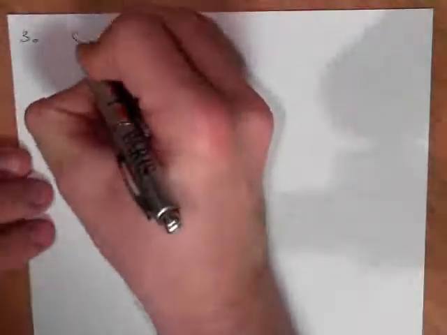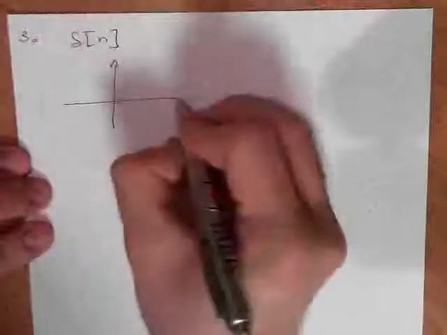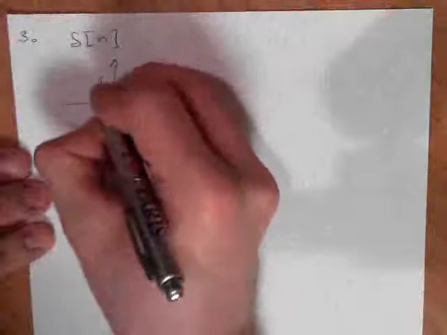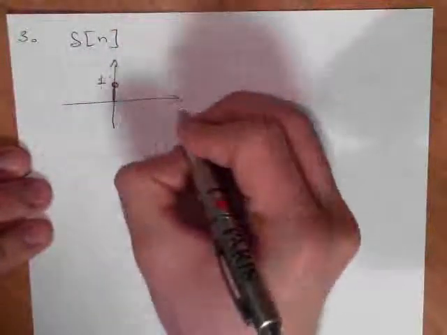Now we move to question number 3. It is a very simple question: the graphical representation of the delta function. The delta function is the basic signal that you can come up with.